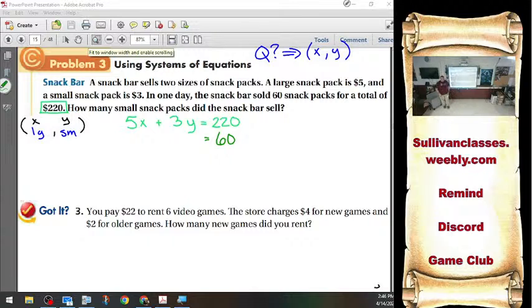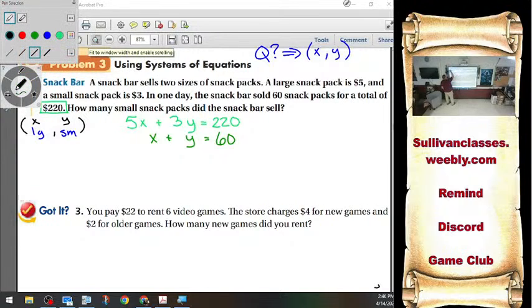So there's no rate for like twice as many of this kind than that kind. So I just say the 2 kinds of packs I'm selling are large and small. Large ones plus small ones equals 60 total. $5 for large ones, $3 for small ones is $220.